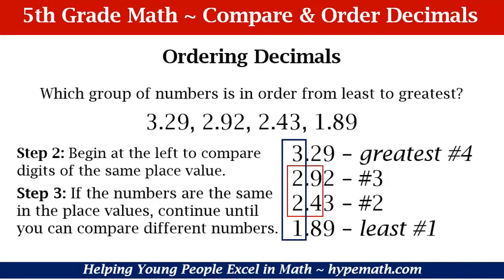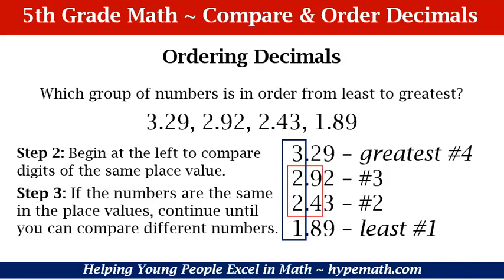In looking at the ones place, we know that 1.89 should be the least number because 1 is the smallest number out of all of the numbers listed for the 2 and the 3, okay? But we have two numbers, 2.43 and 2.92. Well, we know that the 2 is the same in the ones place. Now we move to the tenths place. In the tenths place, we see that one number has a 9 and then another number has a 4.